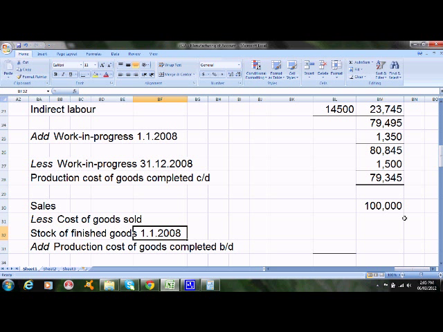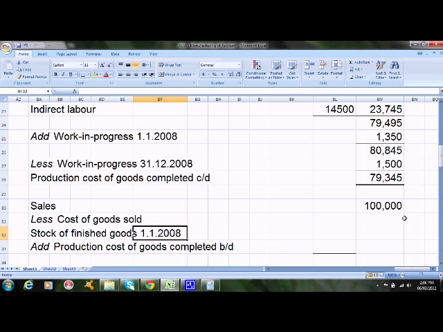Stock of finished goods is supposed to be 4,000. Sorry about that. The closing stock of finished goods is $4,000.